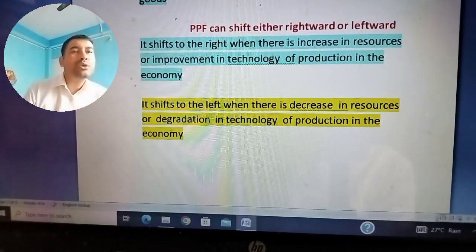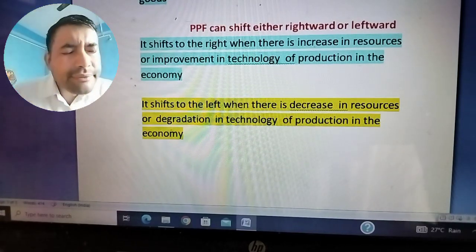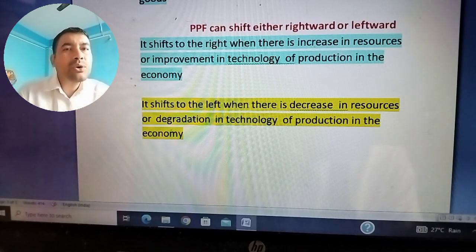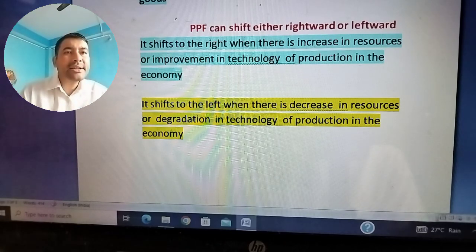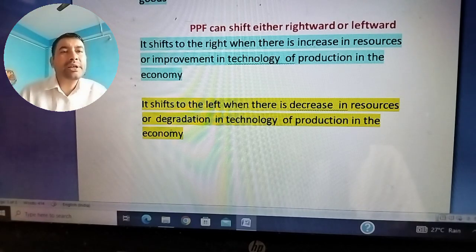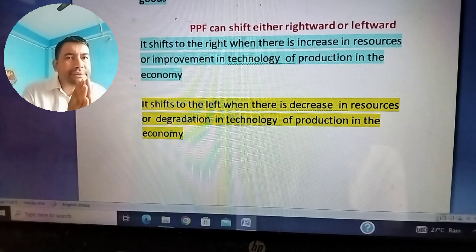If there is an increase in resources, or if the level of technology improves, then PPF will move to the right. When does PPF shift to the right?